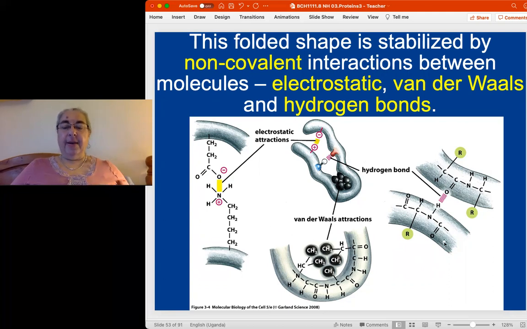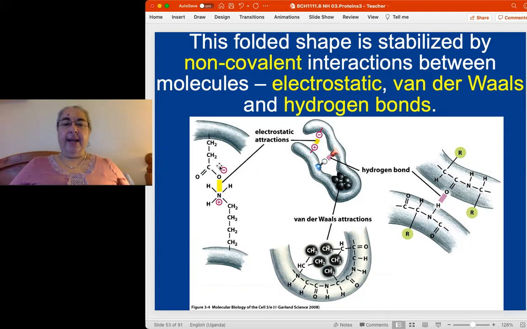So here are a number of different interactions that can be important in protein structure formation. Very important is hydrogen bonds. I hope that you remember how a hydrogen bond forms. Hydrogen bonding is very important for interactions between different parts of the protein.